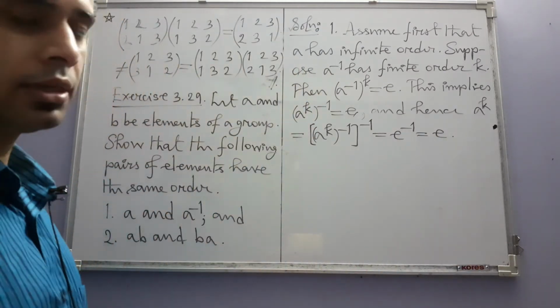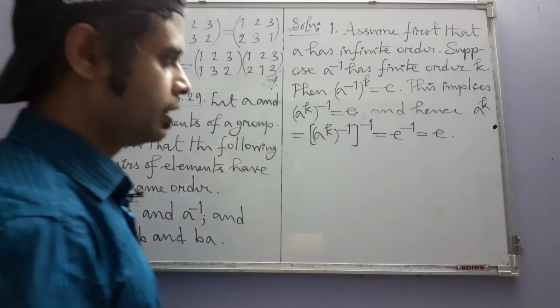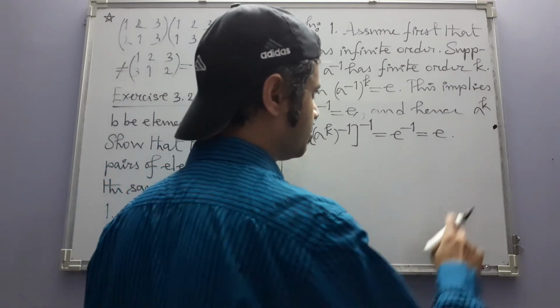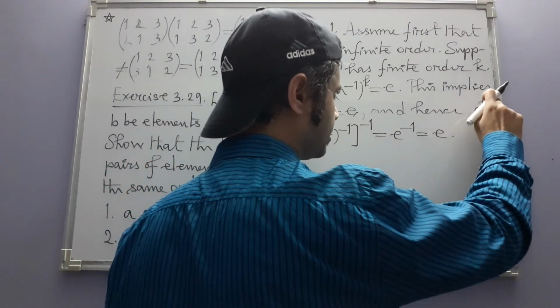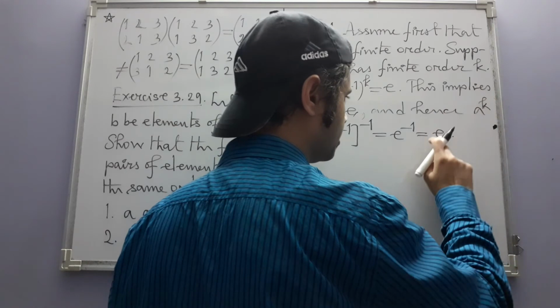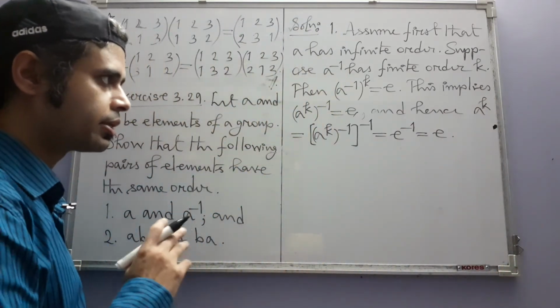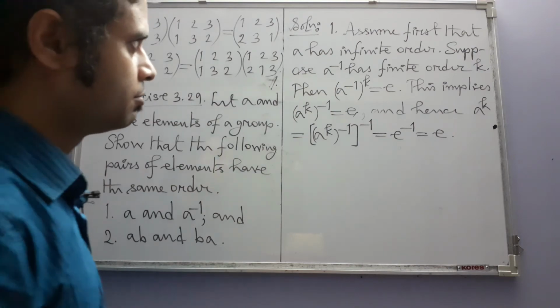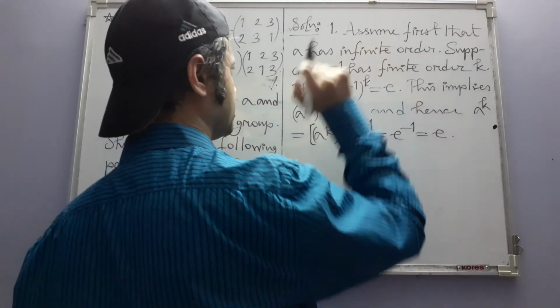This, however, is a contradiction because it says that A has finite order. Why? Because we have found a positive integer k such that the kth power of A equals identity. So the order of A is finite and is less than or equal to k, which directly contradicts our assumption.